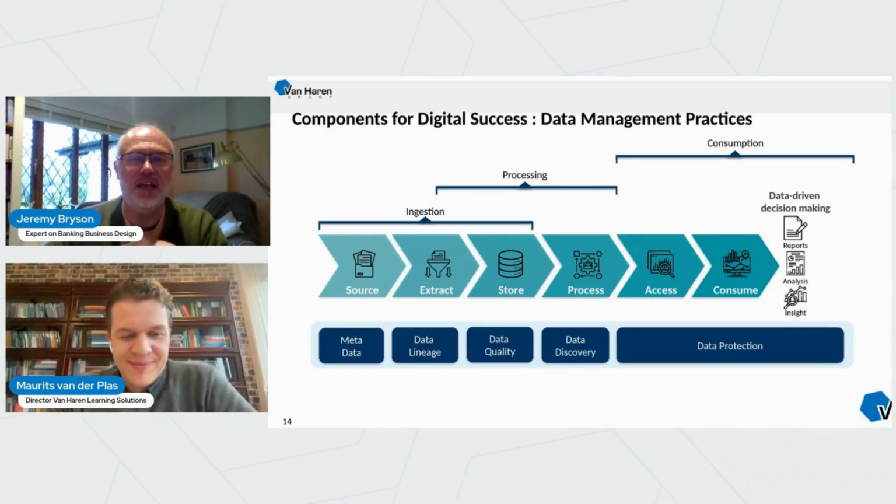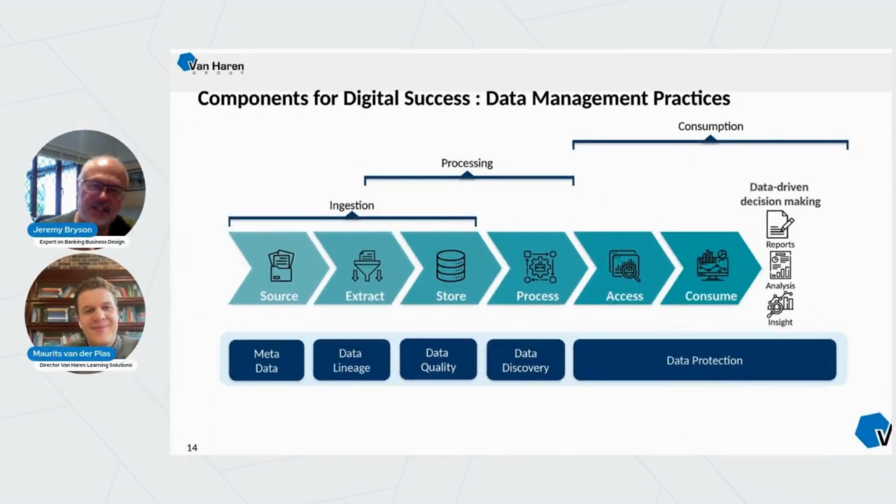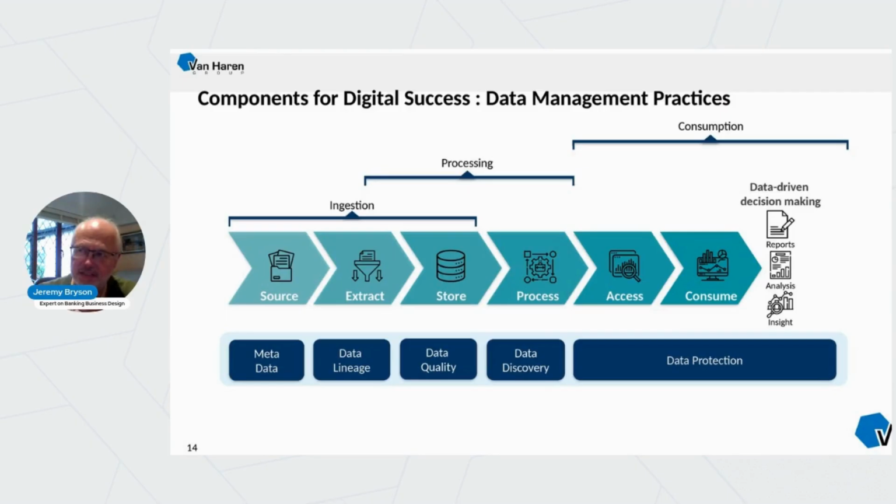Let's go into that. If we are going to start with data, we need to introduce some data management practices. We need to manage data as an asset. And there's lots of cliches around this at the moment, but it's becoming clear that data is important and needs to be managed specifically.